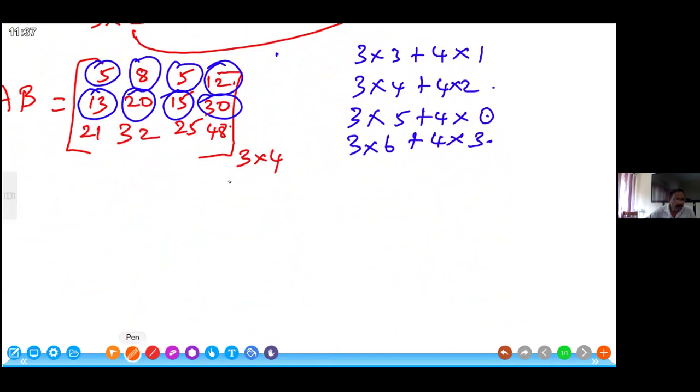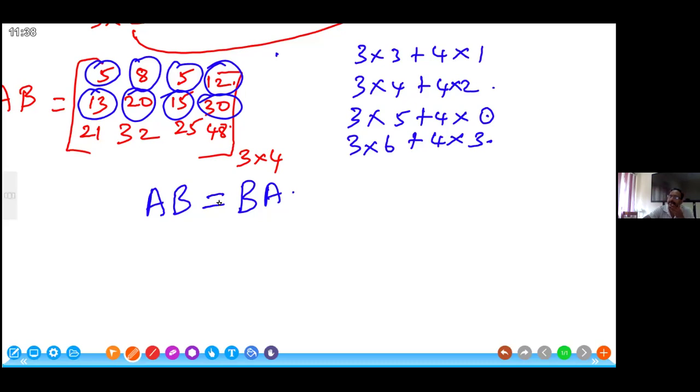Now, I am multiplying A with B. If I multiply B with A, do you think this answer is equal? Is it equal or different? Anyone?